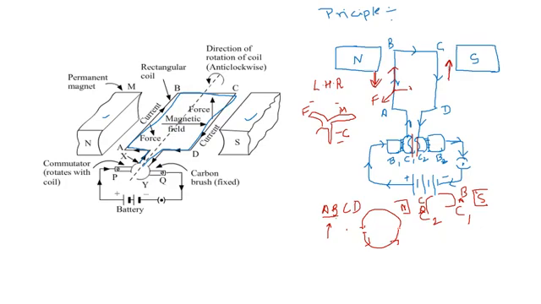Now the DC will go down, and when the DC goes down and AB goes up, then the whole 180 degrees, that is 180 and 180, a 360 degree circle will be completed, right? And this is how this motor will keep rotating, and this will help to move the motor.